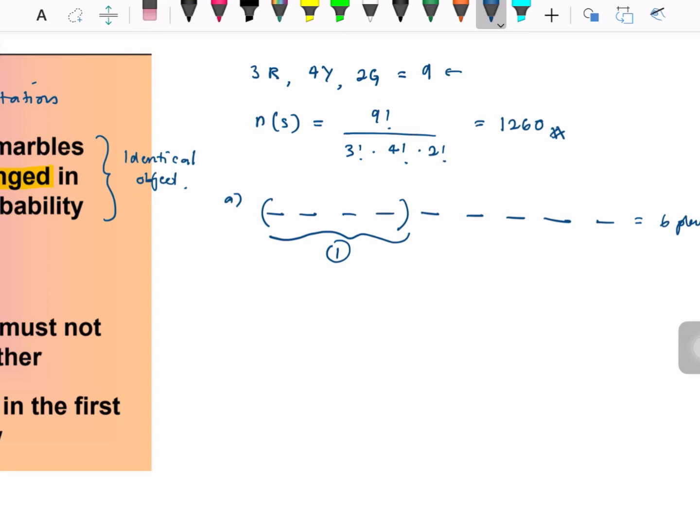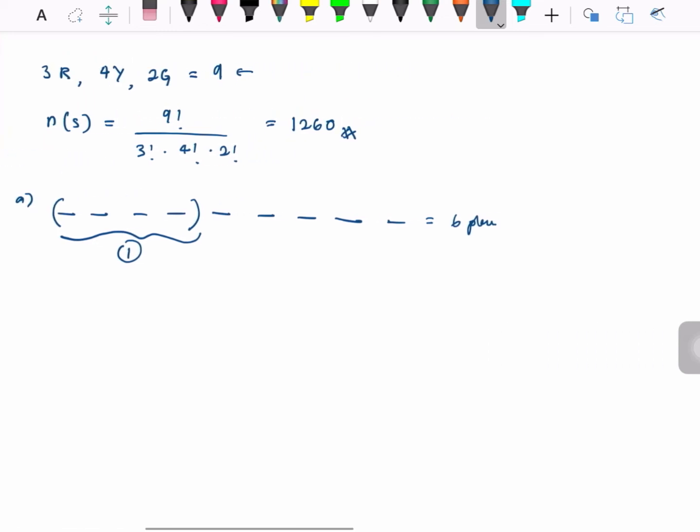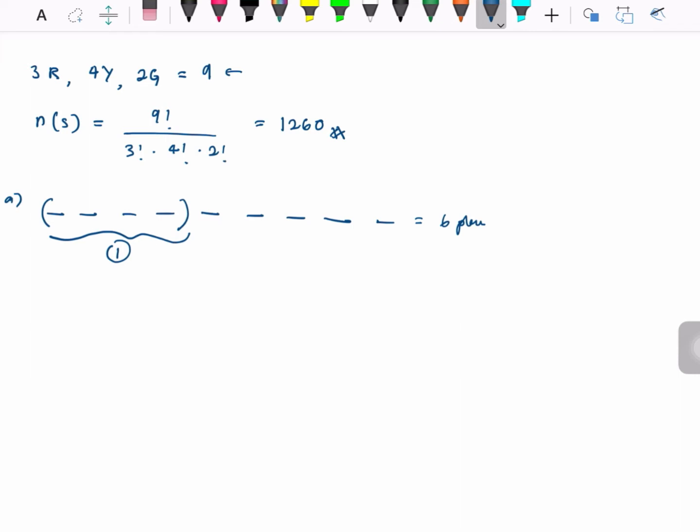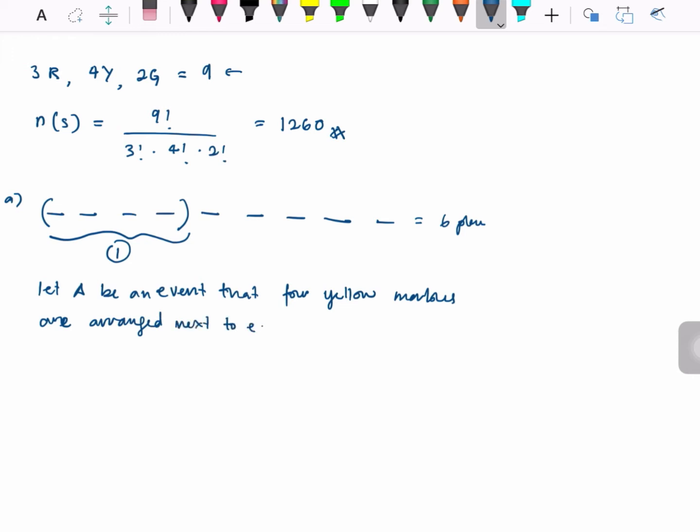Therefore, in order to find the probability, first of all, I'm going to let A be the event that the 4 yellow marbles are arranged next to each other.